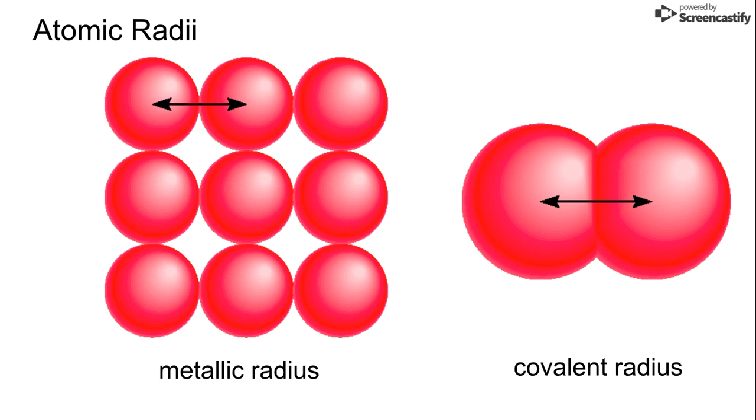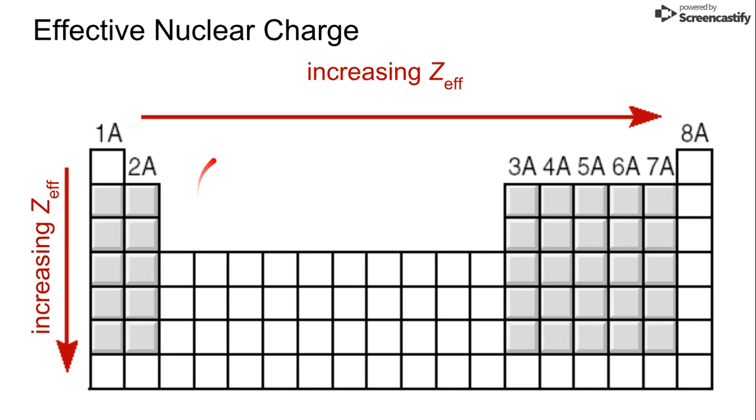And again, it has to do with how strongly the electrons are held. The effective nuclear charge, as we talked about here, as that effective nuclear charge increases, remember, opposite charges attract each other. And so if that effective nuclear charge is stronger, then that nucleus is going to hold on to its electrons tighter. It's going to pull them in closer.